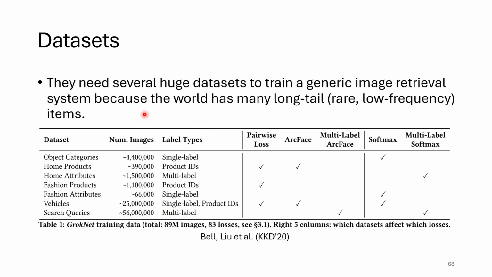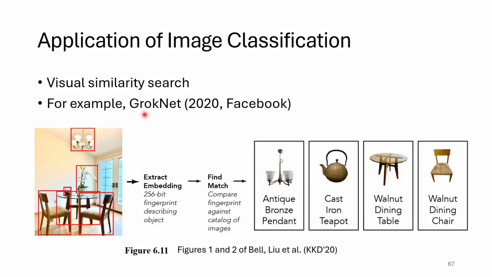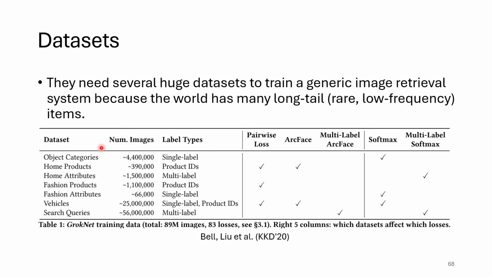All right, let's take a look at the dataset used by GrokNet. They developed a dataset covering objects such as home products, home attributes, fashion, vehicles, or some search queries.